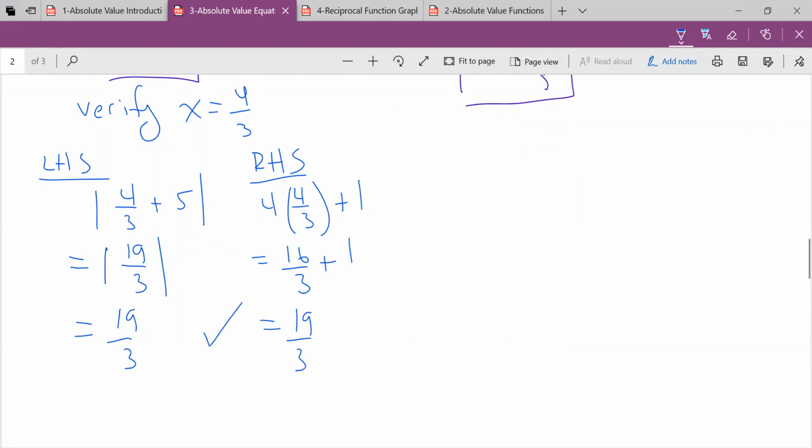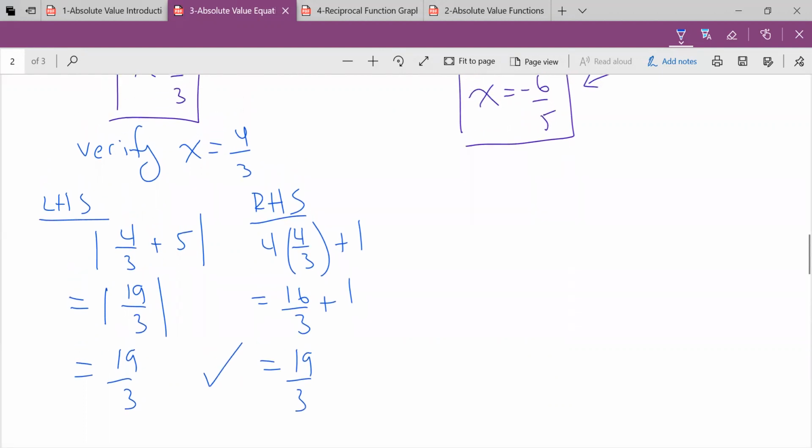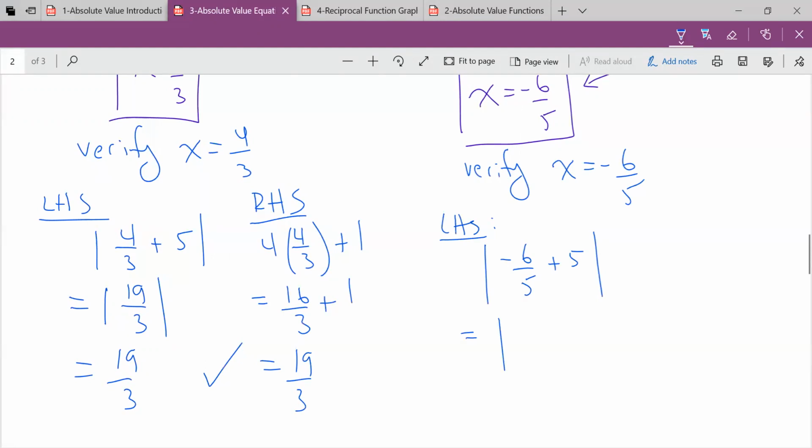What happens when we try to verify this other one? Let's verify that x is equal to negative 6 over 5. Left-hand side: we sub that in for the x value in the original equation and simplify that down, so that would be 25 over 5, so the absolute value of 19 over 5, which is 19 over 5.